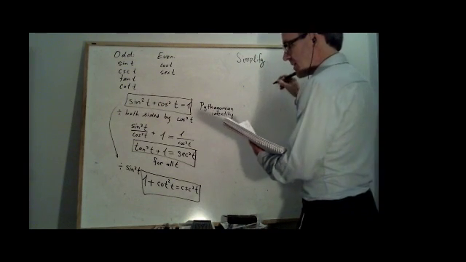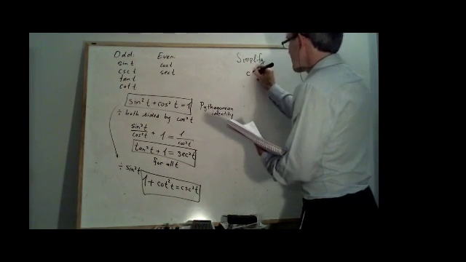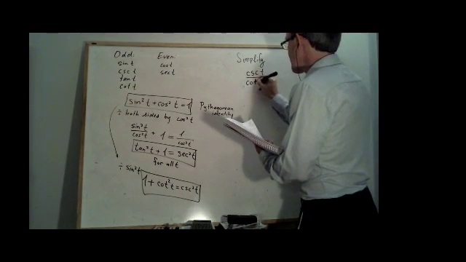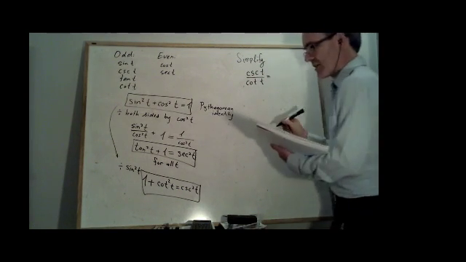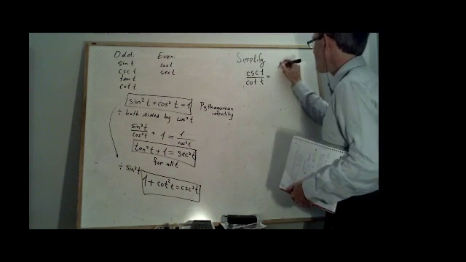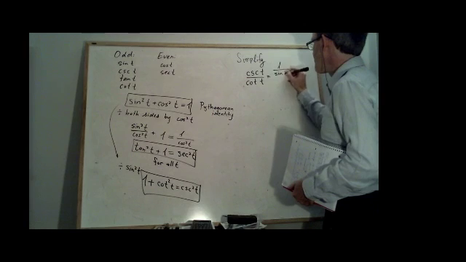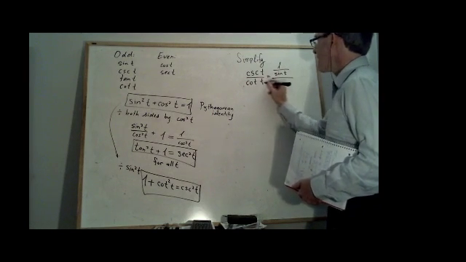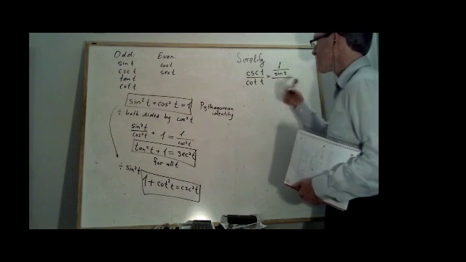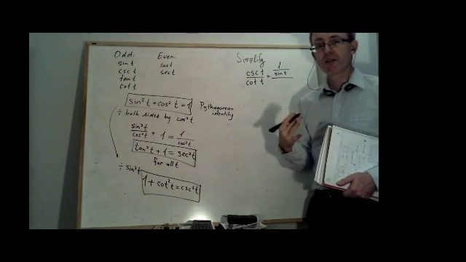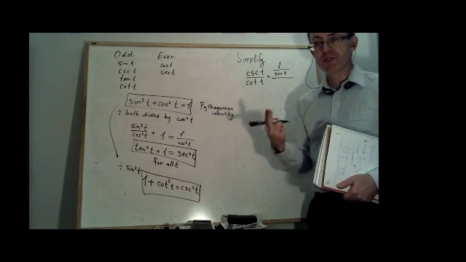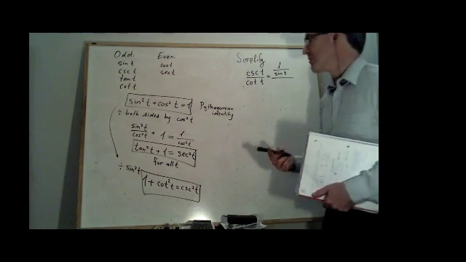So simplify cosecant t divided by cotangent of t. So the first numerator is 1 over sine of t, and the denominator is cotangent of t. The easiest way here is to express all the functions in terms of the two basic ones, sine of t and cosine of t.